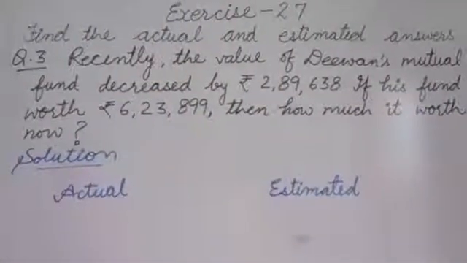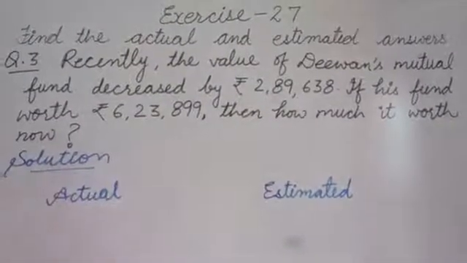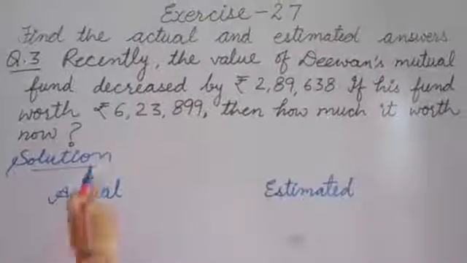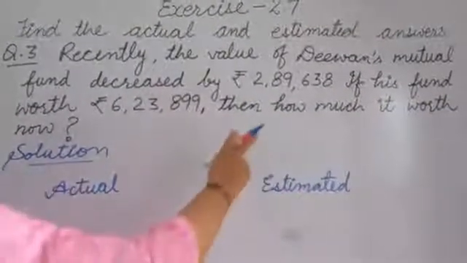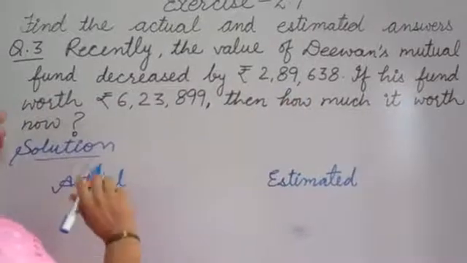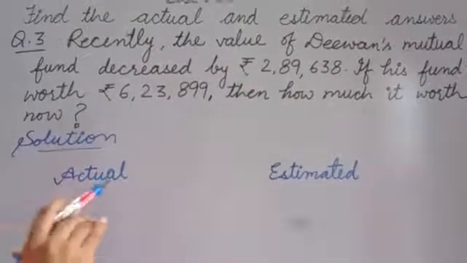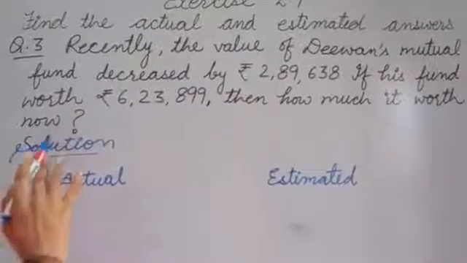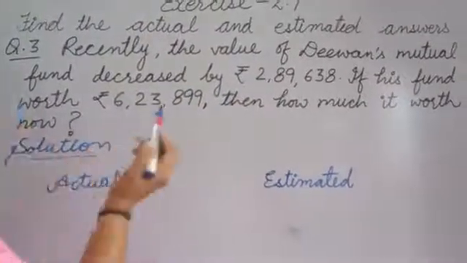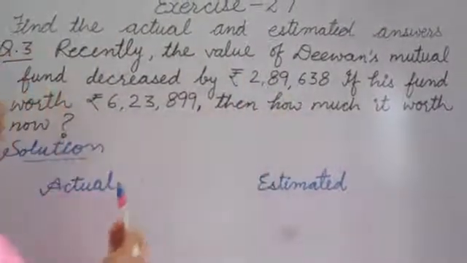Question number 3. Recently, the value of Diwan's mutual fund decreased by rupees 2,89,638. Okay, Diwan's recently means currently, abhi. The value of Diwan's mutual fund, Diwan mutual fund है उसकी value जो है वो decrease हो गई. How much decrease? 2,89,638.